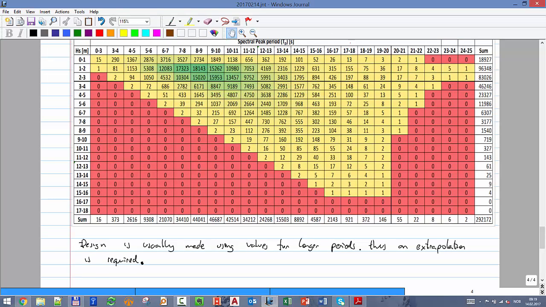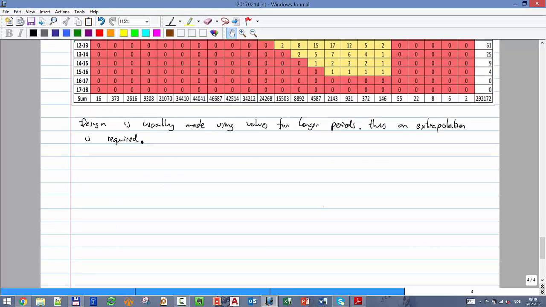So if you see, for each one of these periods you have different wave heights, right? For the 16 to 17, you have all of them, and that will actually give you a PDF. Let's say we look at TP, the spectral peak period or the mean spectral period, and you now know where the name spectral came from.